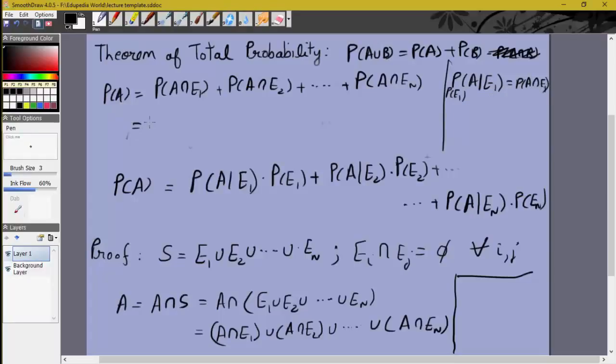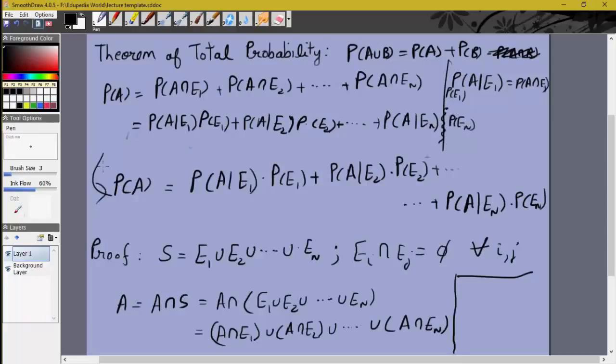So this basically becomes P of A conditional E1 P of E1 plus P of A conditional E2 P of E2 plus dot dot dot plus P of A conditional En into P of En, which is this final formula, which we have ended up proving.